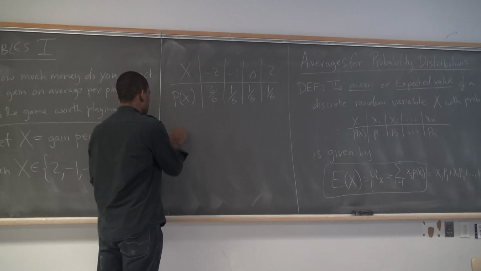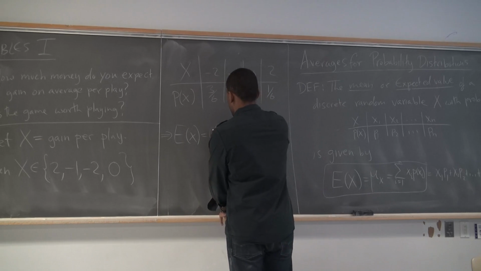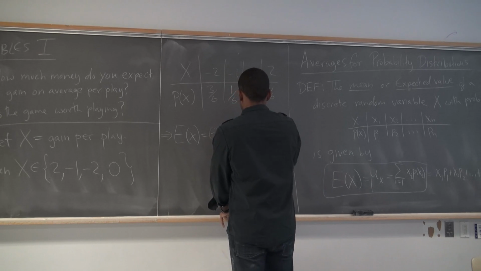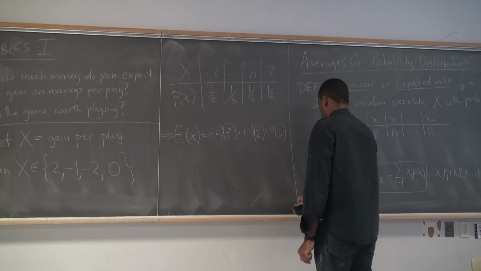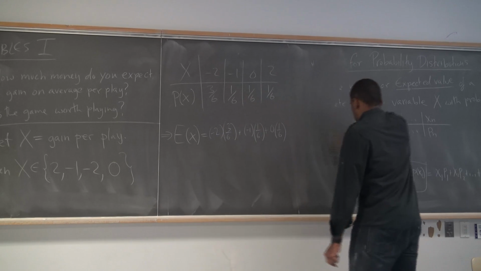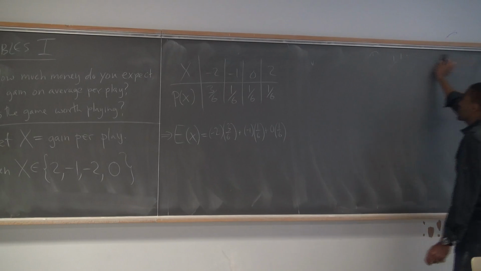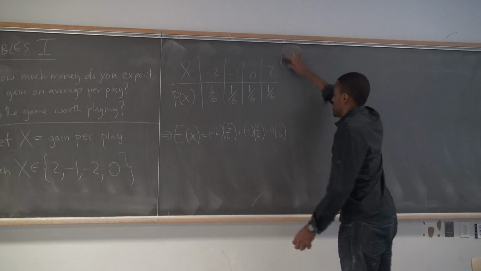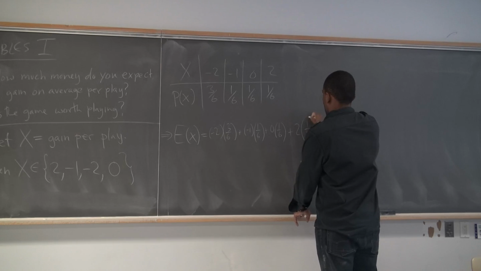So this means I can figure out how much I expect to win on average. Well, it's just going to be the expected value. We're going to take -2 times 3 out of 6, plus -1 times 1 out of 6, plus 0 times 1 out of 6, plus 2 times 1 out of 6.